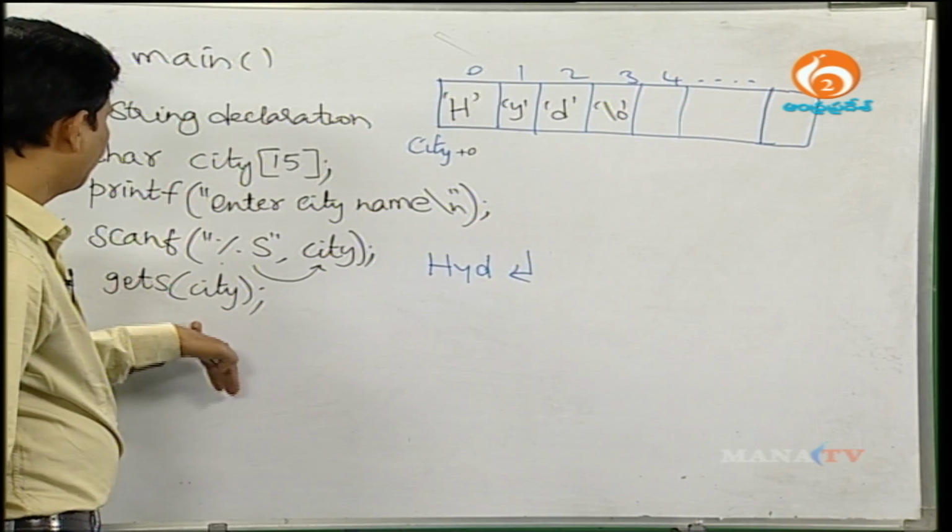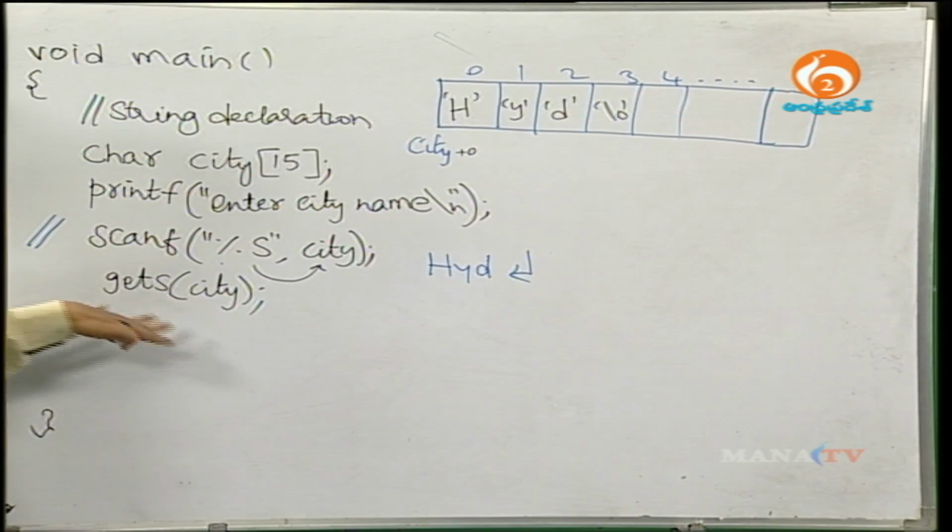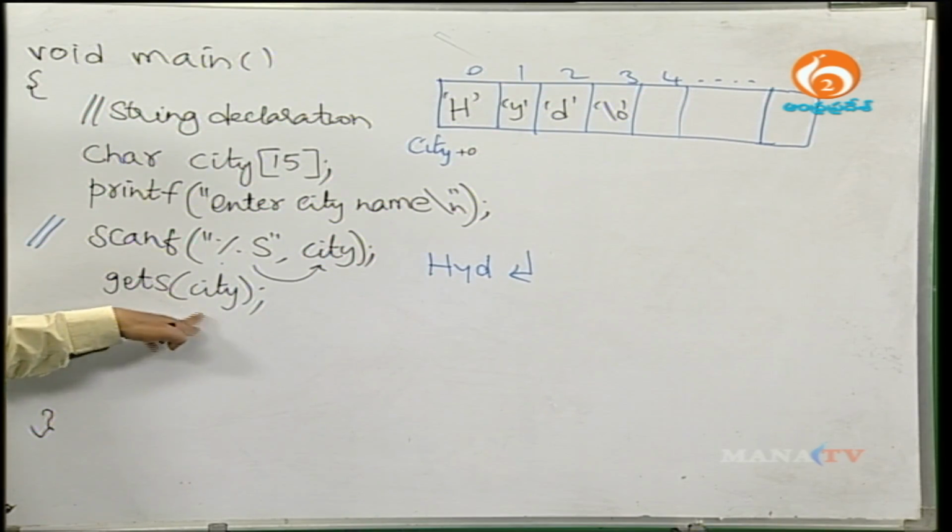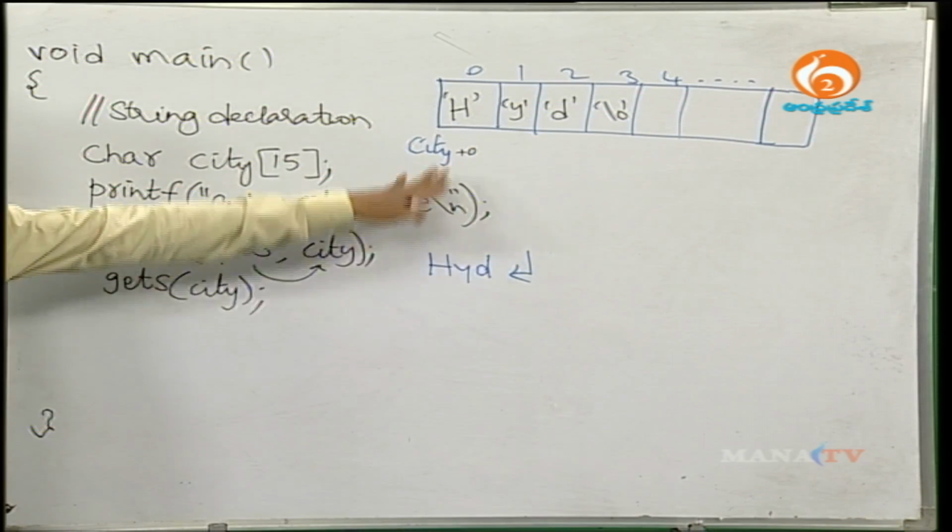The gets function will also do the same thing here. Gets city means HYD is stored here.